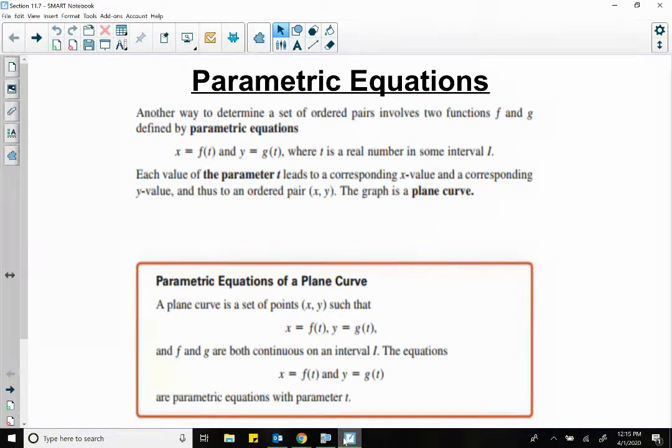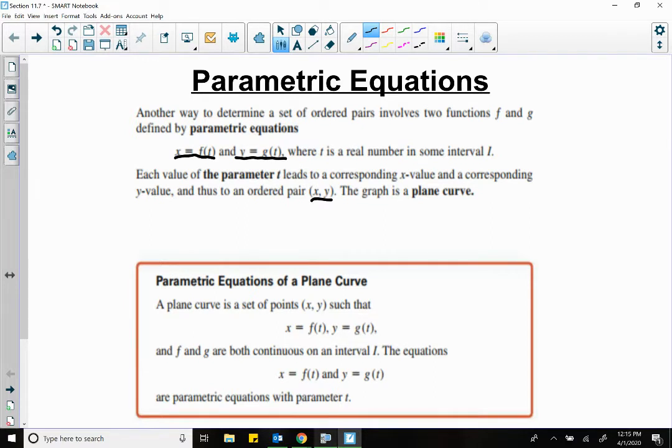But your x values and your y values are all determined by the two functions that are making it up. One function is f of t, that will tell you x. The other function is g of t, and that will tell you the y. And t is just some real number in some interval. So, yeah, that's really what parametric equations are.